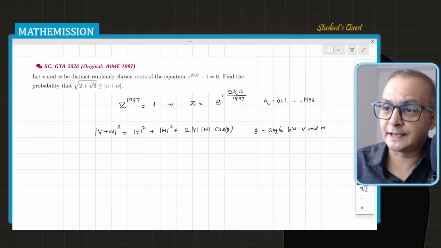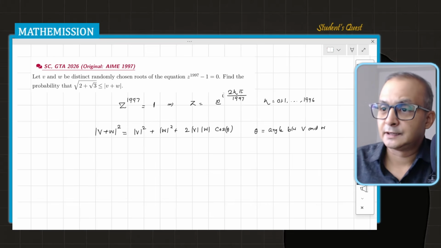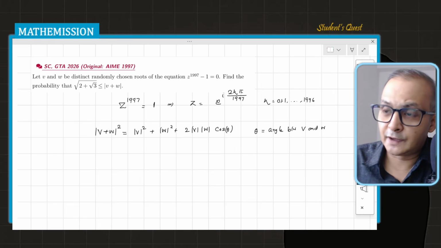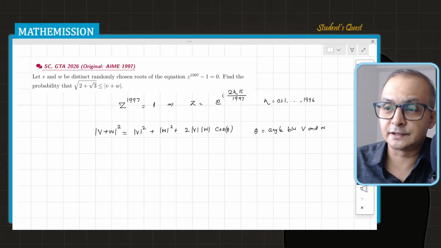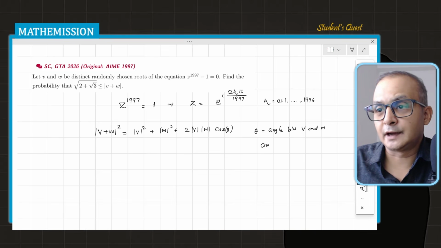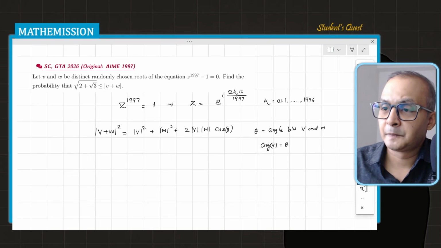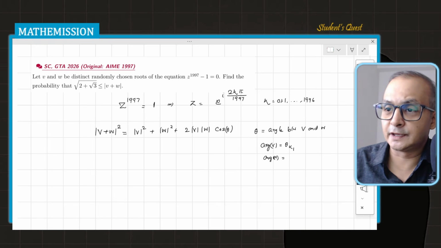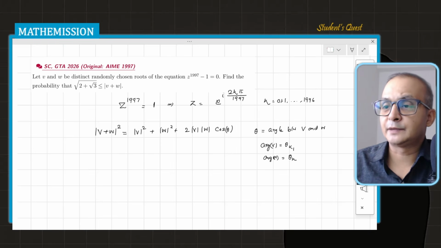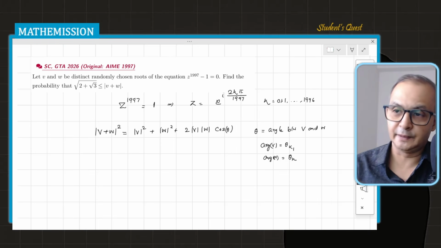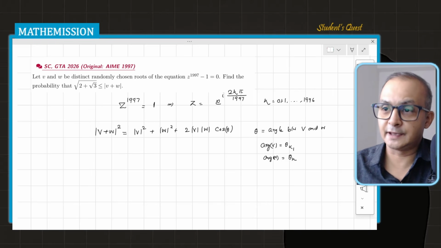It means if the argument of v is, let's say, theta k1, then the argument of w is theta k2, and theta represents the difference between them. So theta is theta k1 minus theta k2.